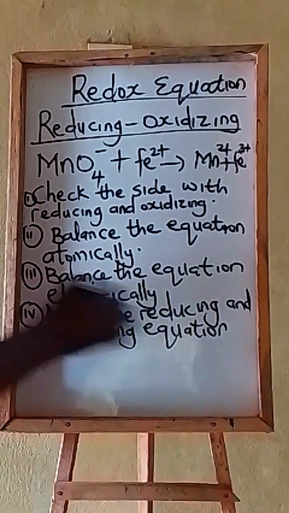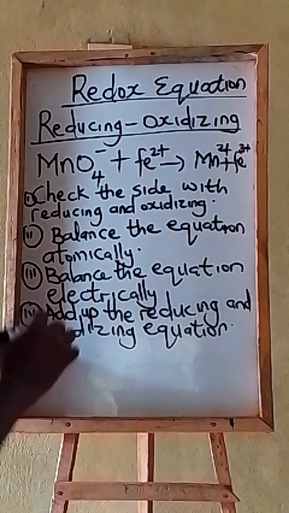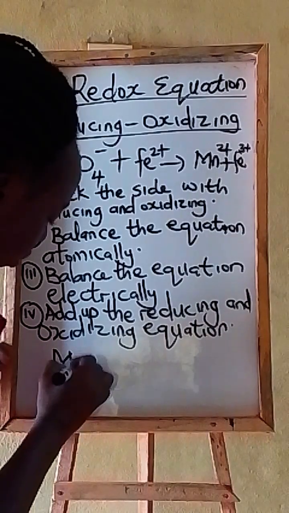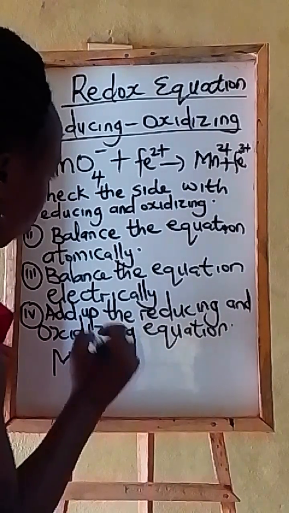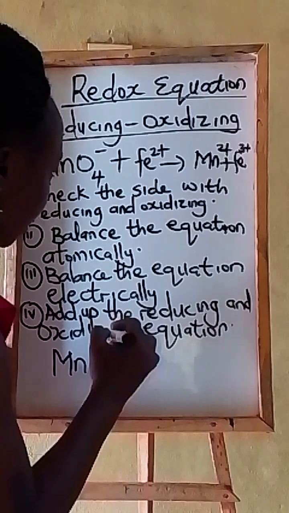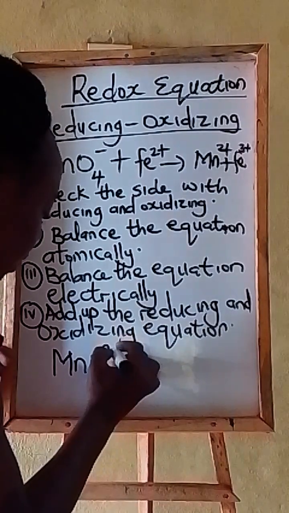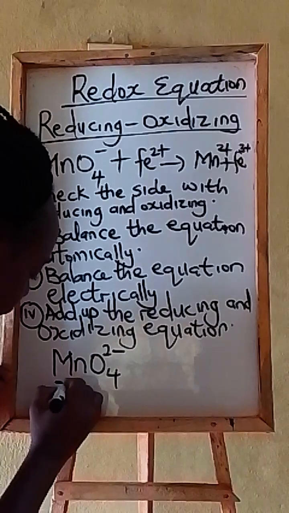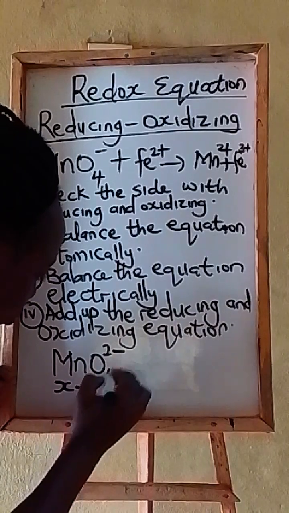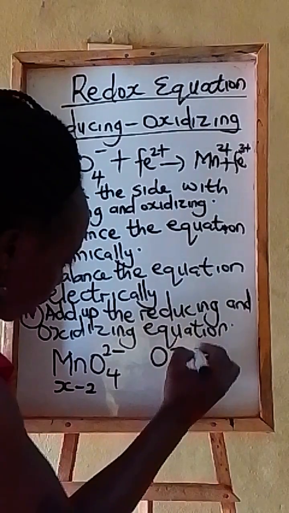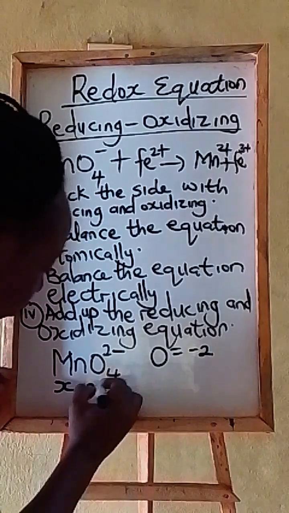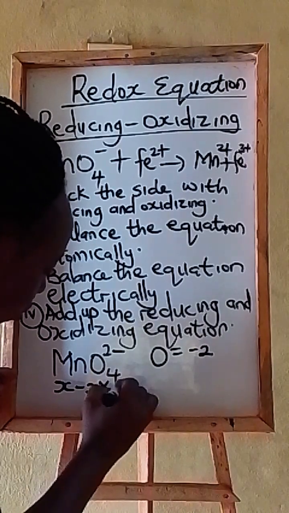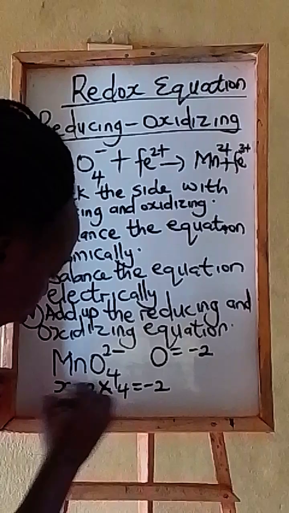Go and sit down, I'm coming. So we have MnO4-. We check the side with reducing and oxidizing. So you calculate the oxidation number. X minus 2 for oxygen, which is always minus 2, times 4 equals minus 2.